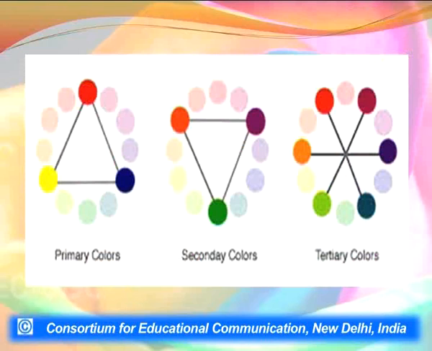In this figure also, all the 12 colors you can see separately, and you can find the relation also. So 3 primary colors, red, yellow and blue, 3 secondary colors, orange, purple and green, and 6 tertiary or intermediate colors.